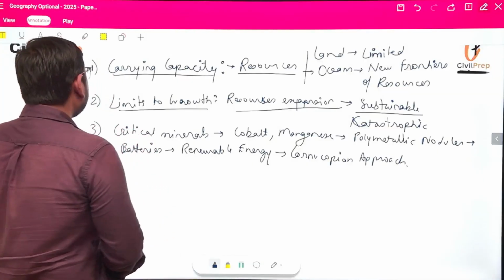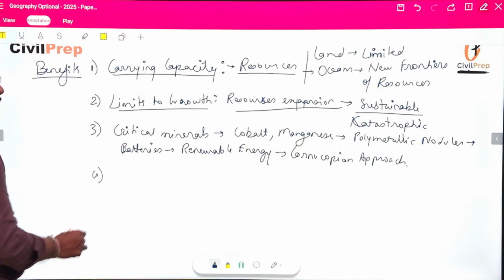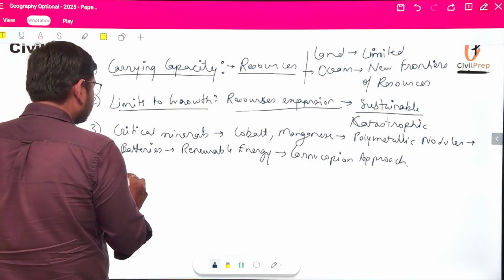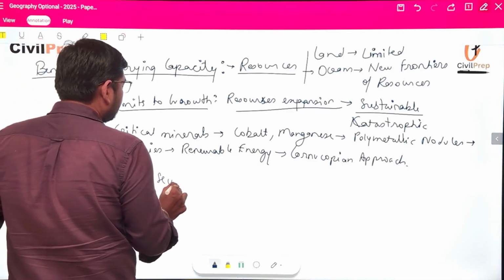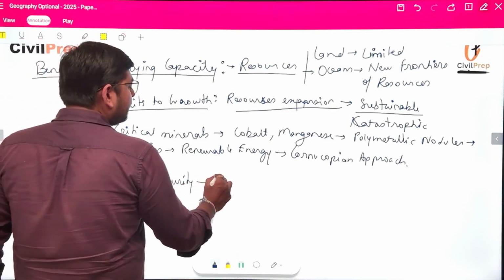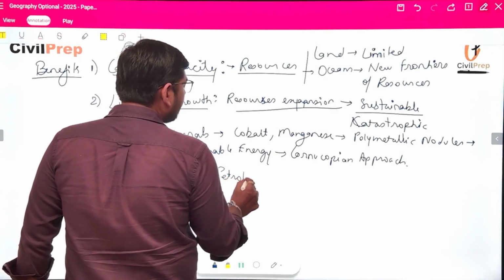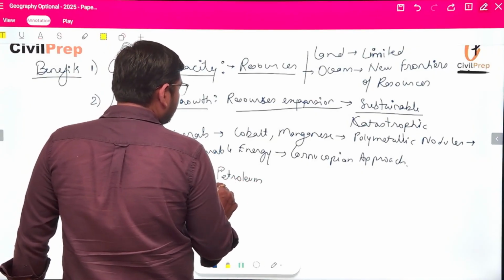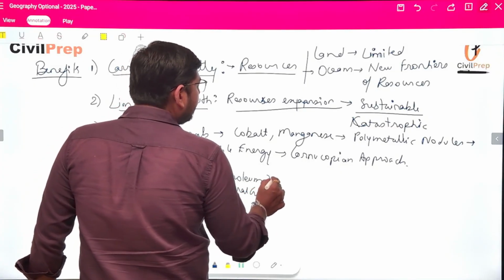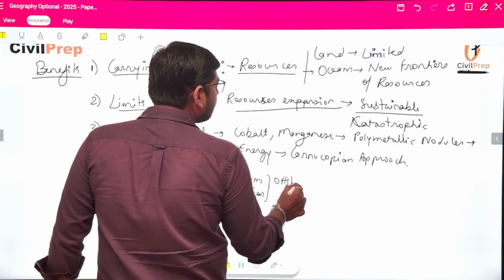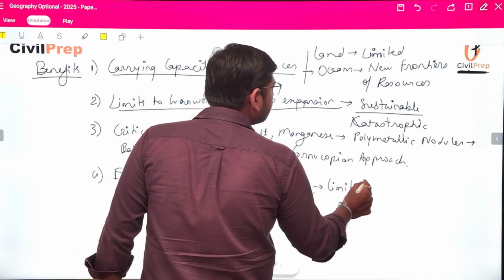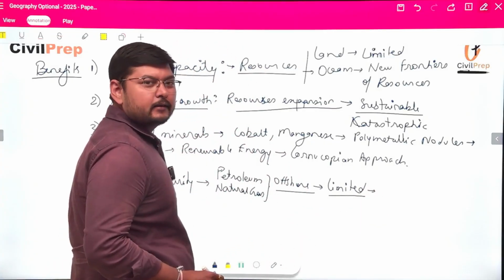Now, after this, the other benefits will be with respect to energy security. Over the land, petroleum or natural gas, which can also be offshore, are limited, so they will be exhausted in the near future.